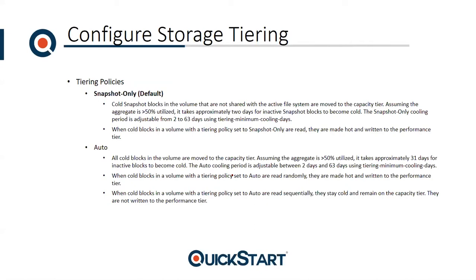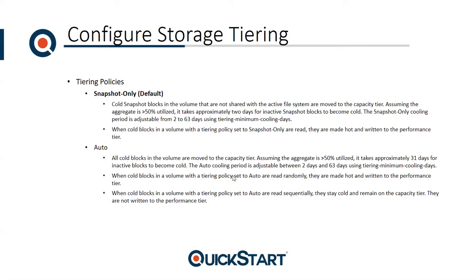So I can apply the tiering policy when I create the volume, or now that you've heard my exciting explanation of what FabricPool does, you can go back to your environments and apply a tiering policy to your existing volumes. Either way, it's when I apply the policy that the timer basically starts.